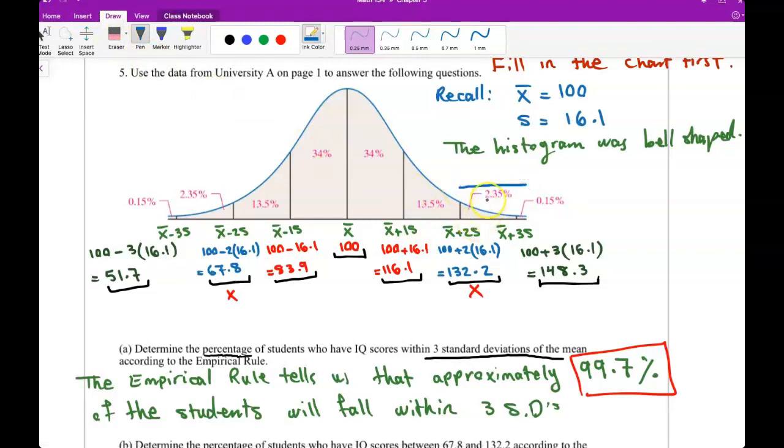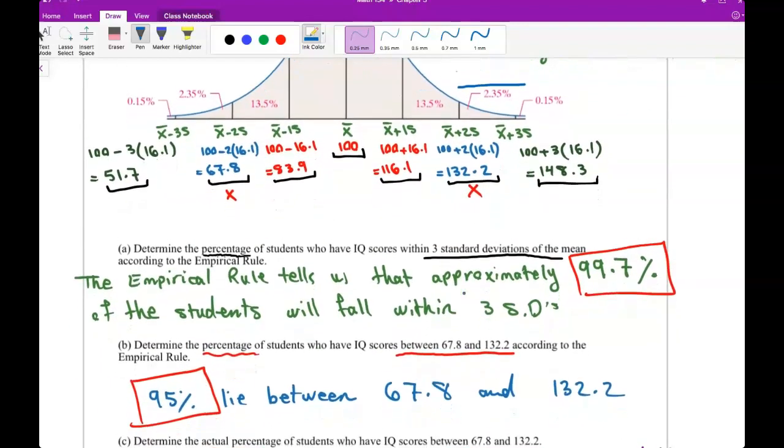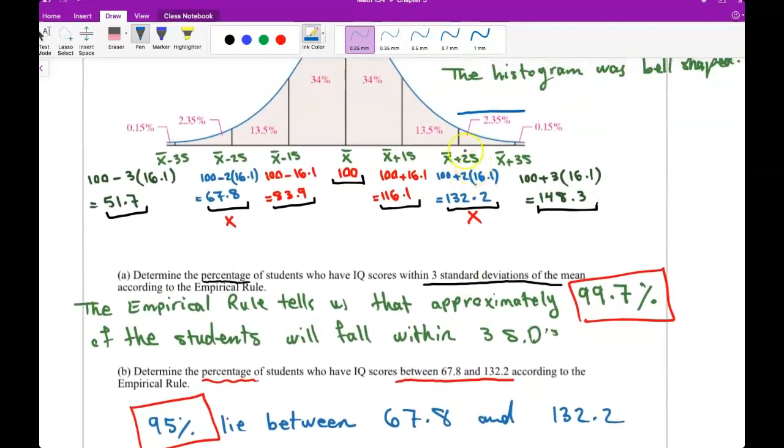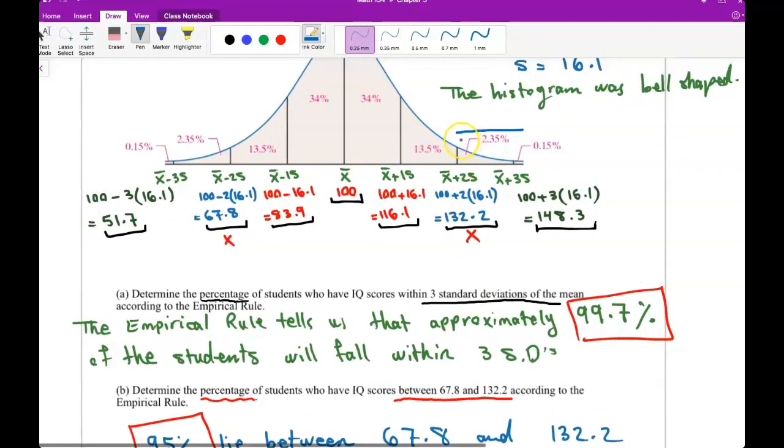So here we have 2.35% plus 0.15%. That is the answer for this part. So these two are higher than what we have for this part. So scores higher than 132.2 are in this area.